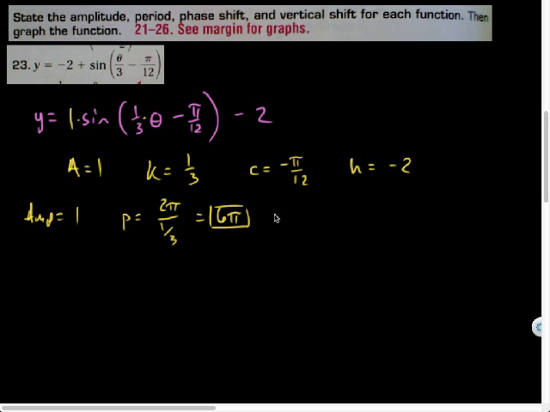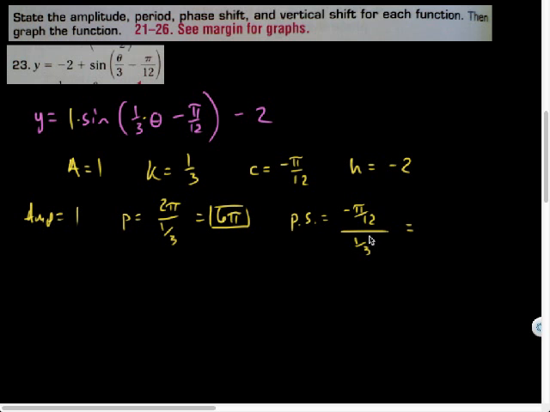Let's see, phase shift. I'll just call it PS for phase shift. Was equal to what? Negative c over k. You guys recall? So I'm going to take this, divide by that. So negative pi over 12 divided by a third.